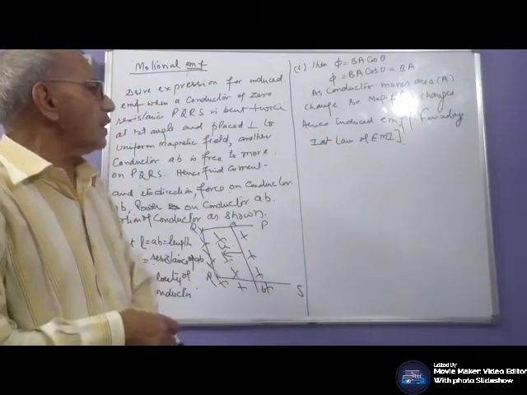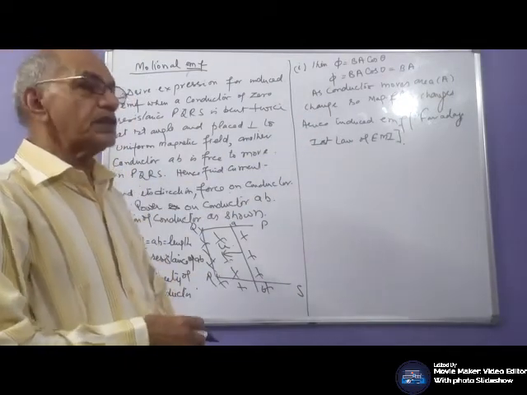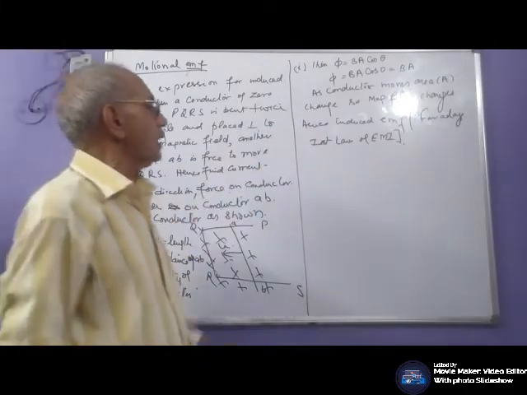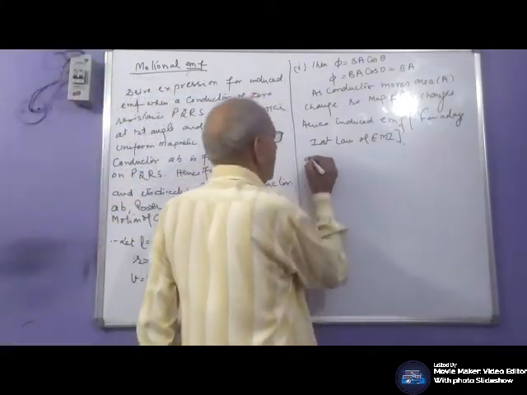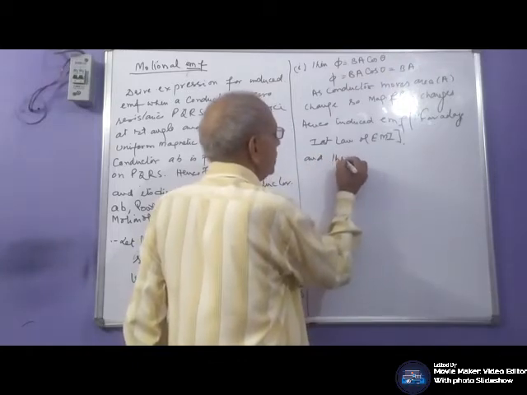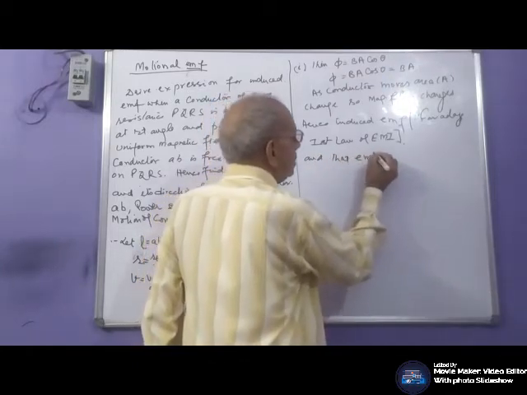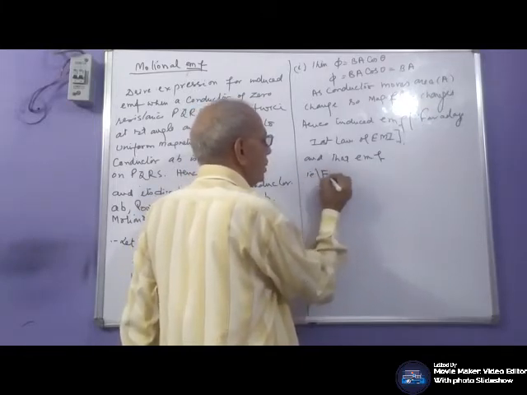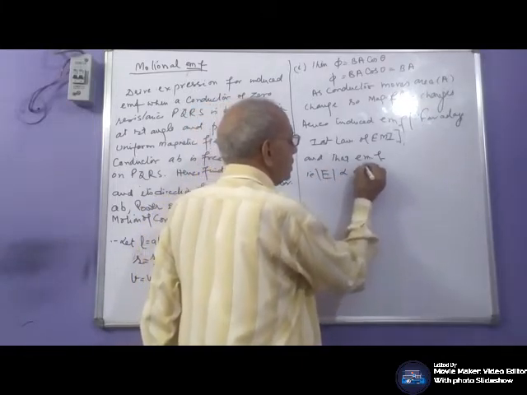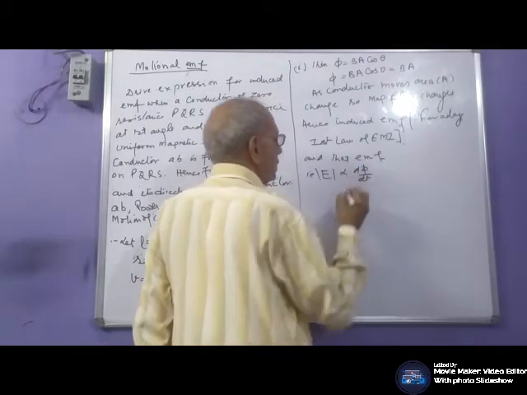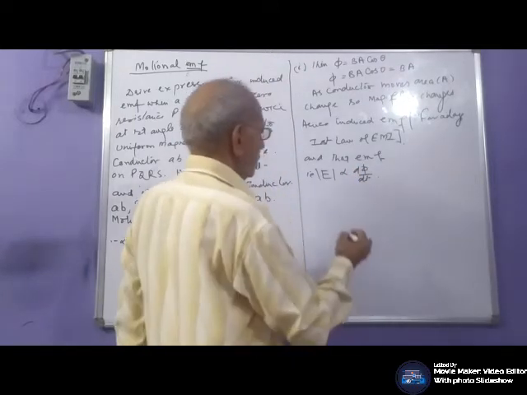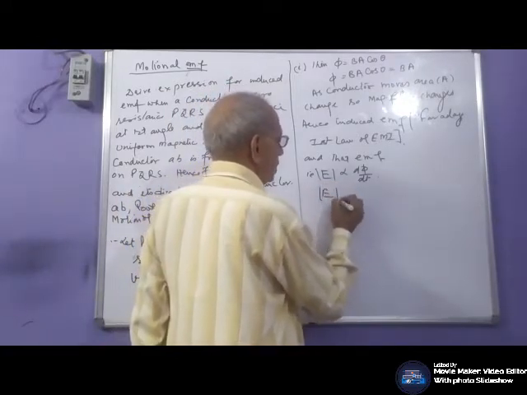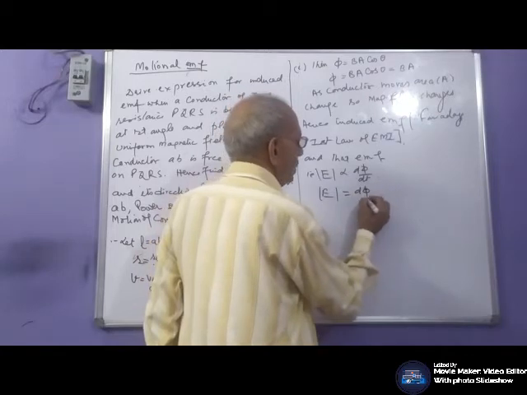If there is change in flux, there will be induced e.m.f. No change, no e.m.f. Here flux changes, so e.m.f. And that e.m.f. in magnitude is d phi by dt, or e equals d phi by dt.